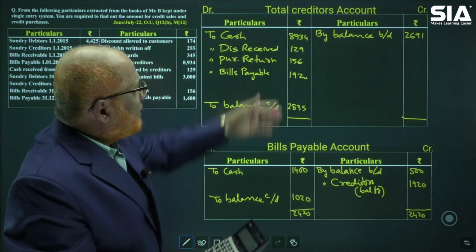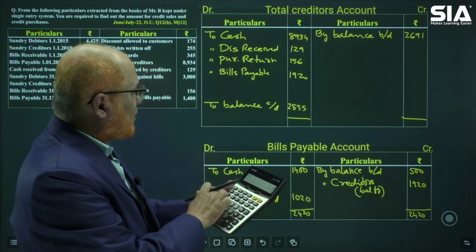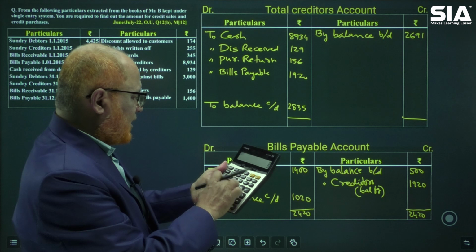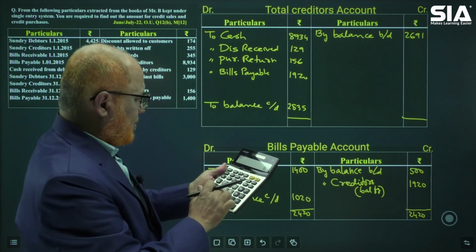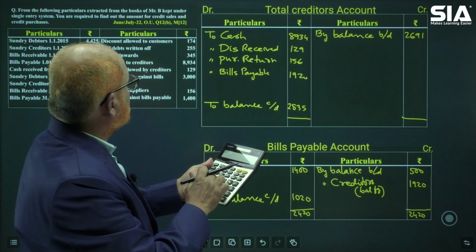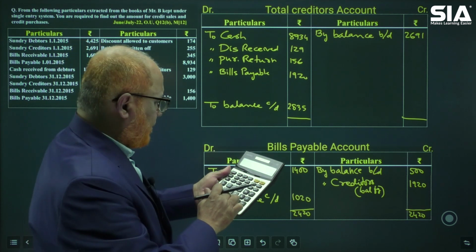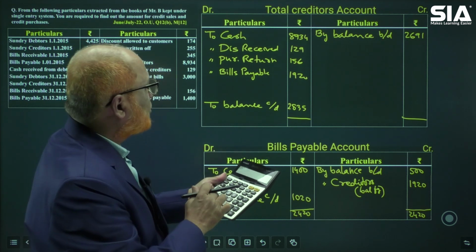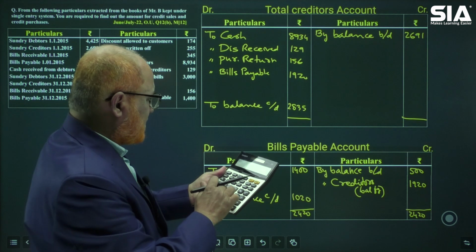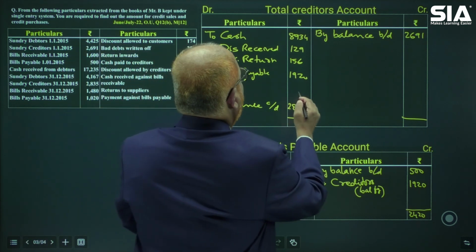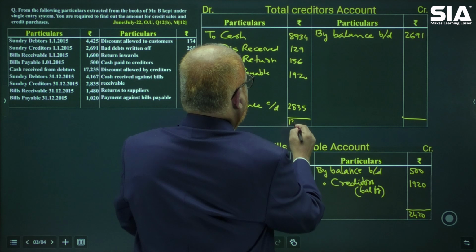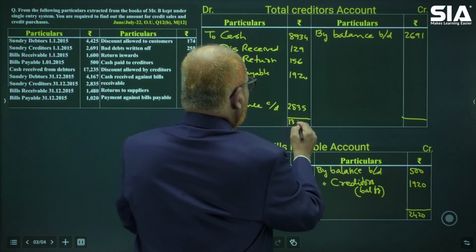So here, the debit side total. First of all, we'll find out 8934 plus 129 plus 156 plus 1920 plus 2835. That comes to 13,974.